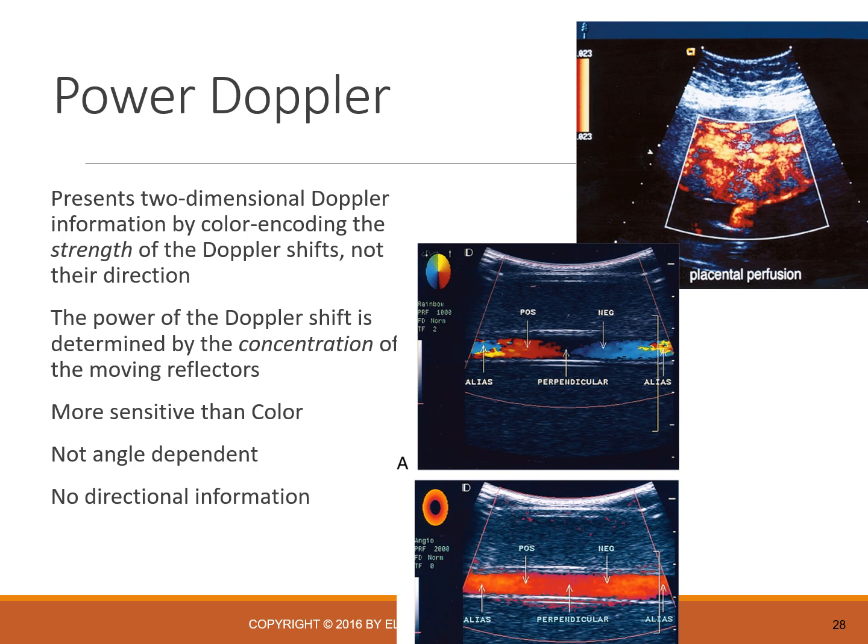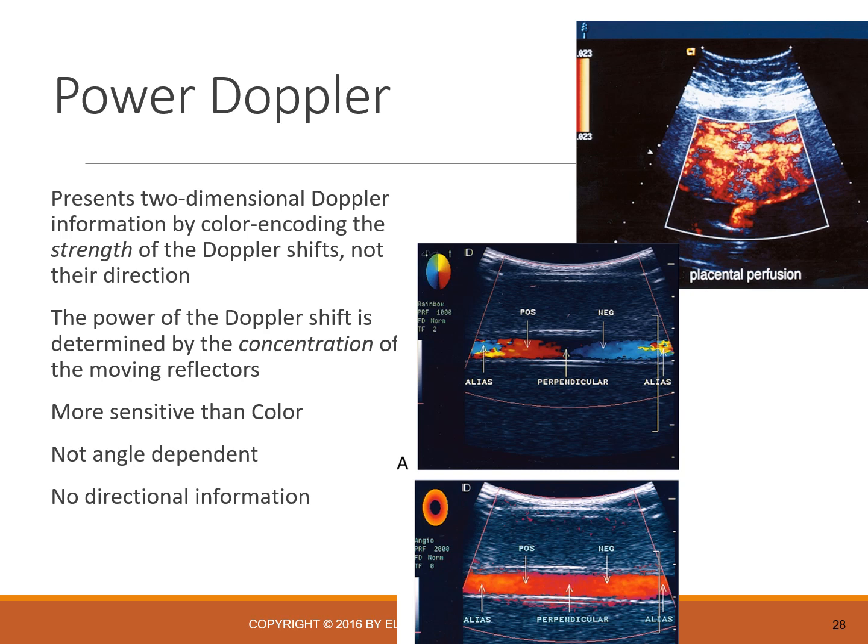This is much more sensitive than color. So as sonographers, we use this all the time in areas where color is a little bit hard to detect, like the ovary when we're scanning it transabdominally, or maybe like the testes or something like that. So it's not angle dependent. It's better sensitivity than our traditional color flow, but we lose our directional information.